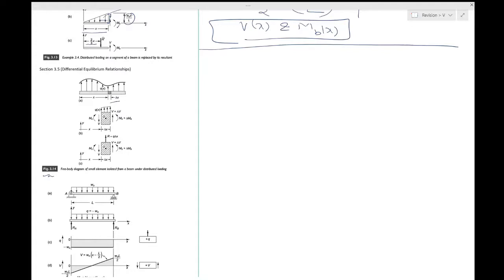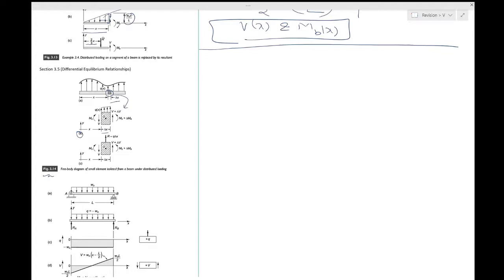The shear forces and bending moments on the two faces are shown in 3.14 B. So what you have done is you have just taken this particular element out and zoomed it, and O is the center of this small part of the beam, which is of length delta x. You have applied the intensity over this length delta x. It is supposed to have some variation, so q of x is what you put over here.